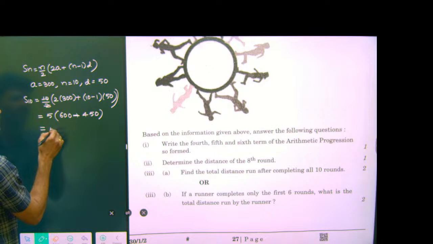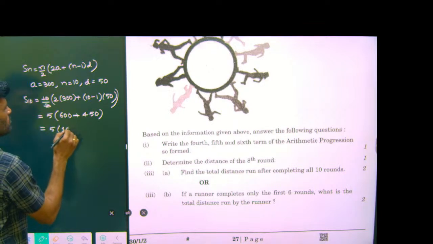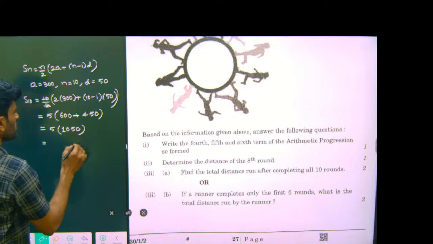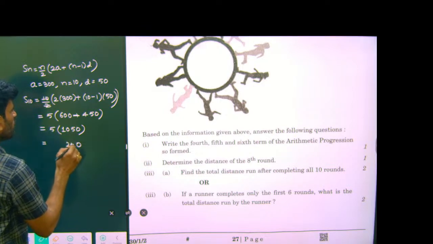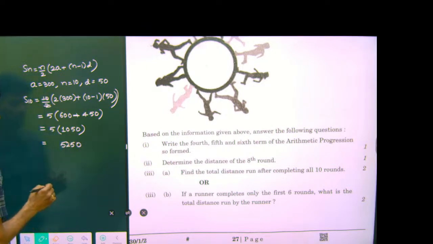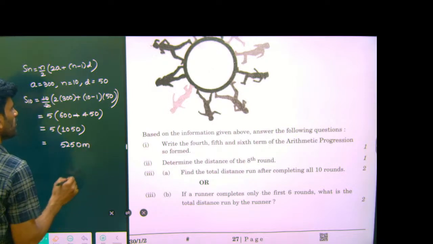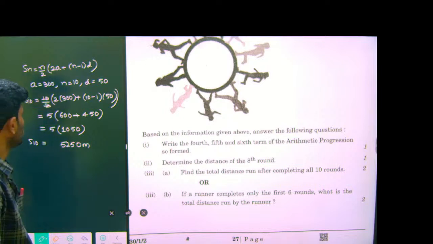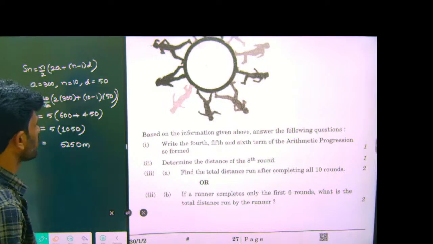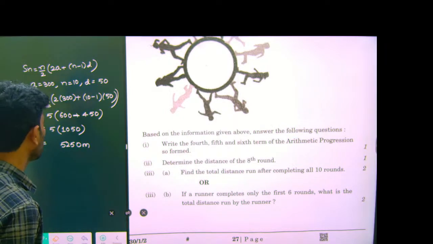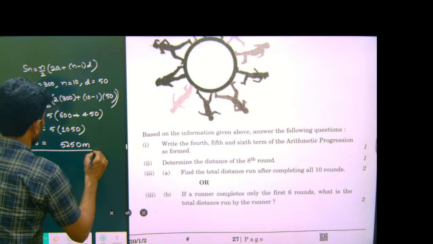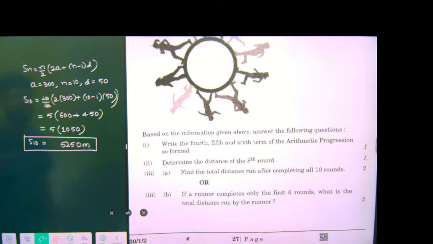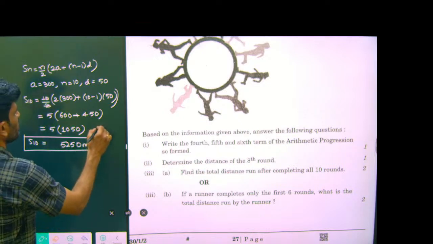So that is 5 into 1050. Now we multiply: 5 into 1050 is 5250 meters. Total distance run after completing all the 10 rounds is 5250 meters.